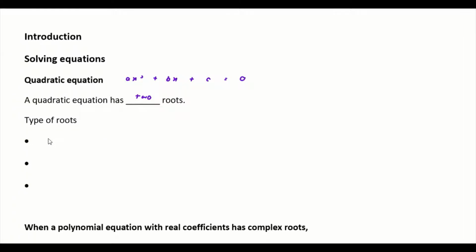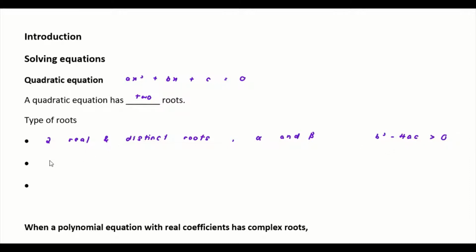The first is two real and distinct roots, alpha and beta. We can check the type of root by using the discriminant. If the roots are real and distinct, then b squared minus 4ac is greater than 0.